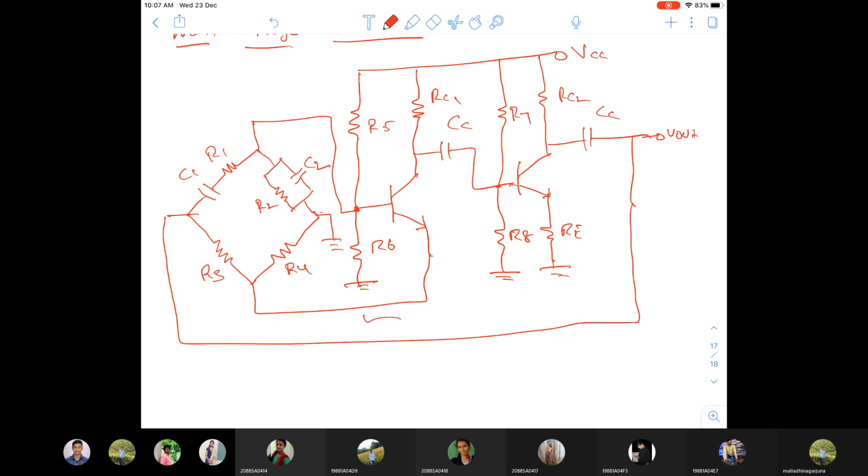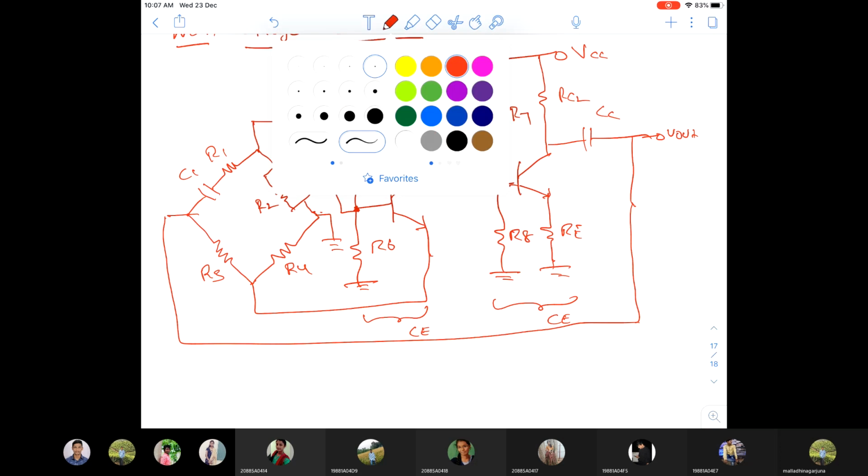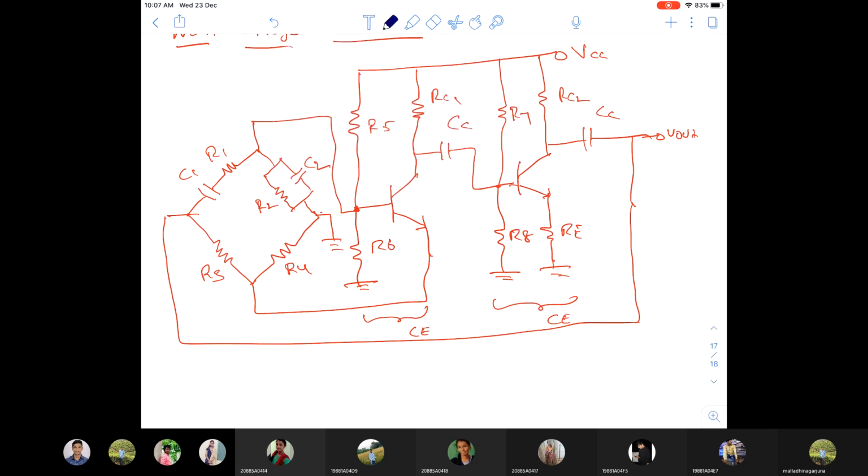This is one CE amplifier, and this is the second one. Each gives a 180 degrees phase shift, so the two CE amplifiers themselves give 360 degrees.